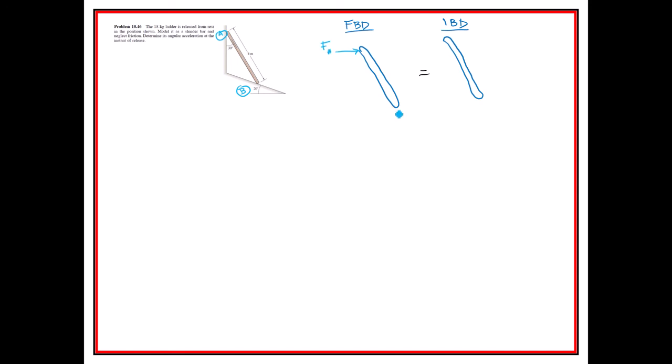So what we have here is we figure out what the reactions are, and reactions are going to be perpendicular right there, right? So we have to do our best to draw these reactions. And we're going to have a weight acting down right there, mg. But then over on the other side here, we're going to have acceleration probably going in that direction, and acceleration probably going in this direction.